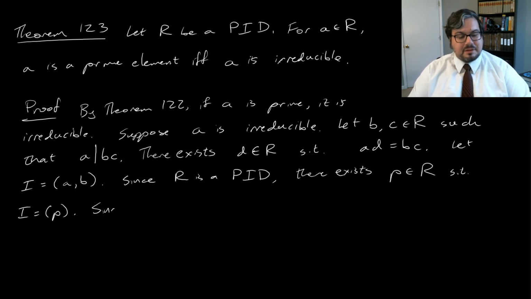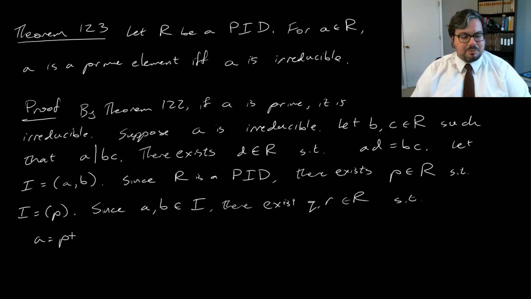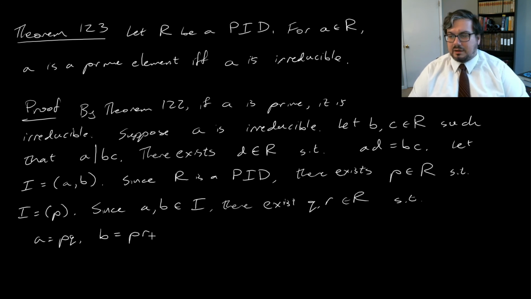Now, since A and B belong to the ideal, they're generated by P, which means that there exist Q and R in the ring such that A is equal to PQ and B is equal to PR.